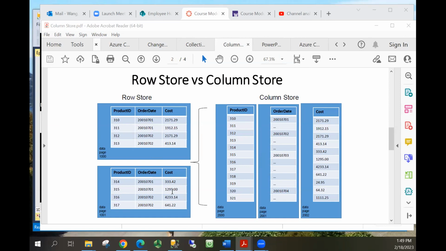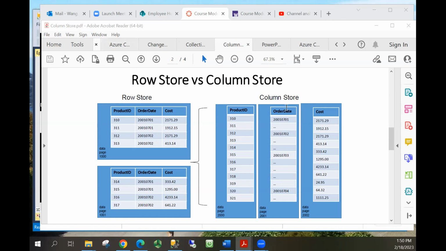Just think about some operations we need to do. So if we want to update data, usually we need more than just one column. Okay, so row store is very good to support data changes, or you want to create a new record or update a record and those things.